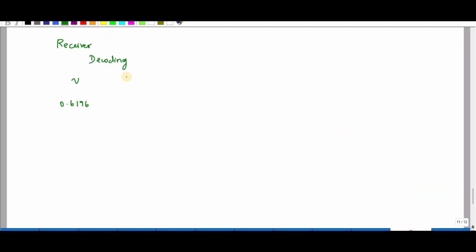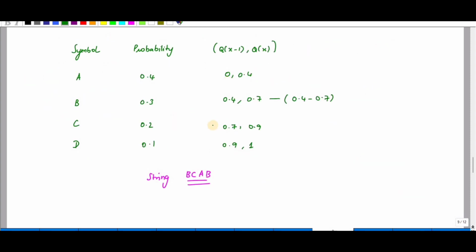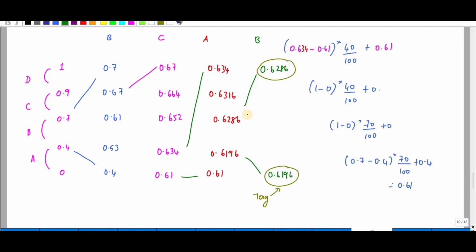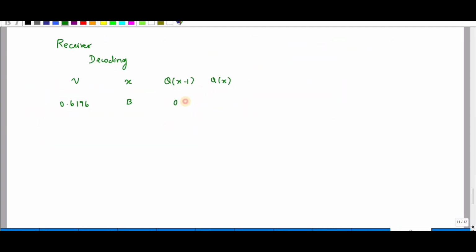For B, q of x minus 1 and q of x are 0.4 and 0.7. What is the value of R? R is q of x minus q of x minus 1, which is 0.3.